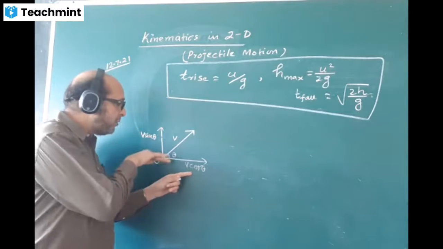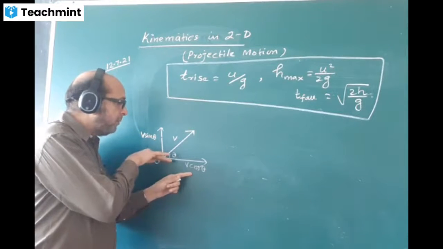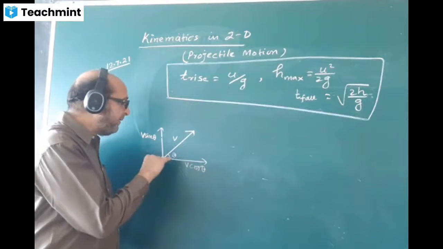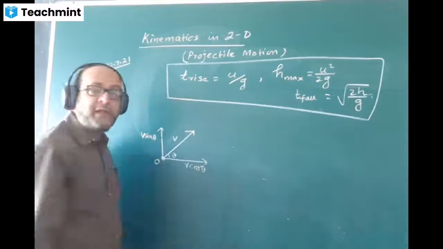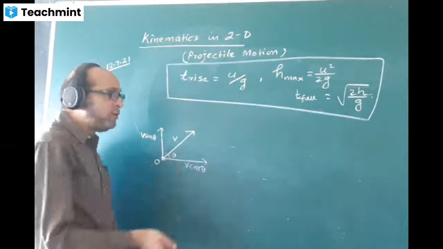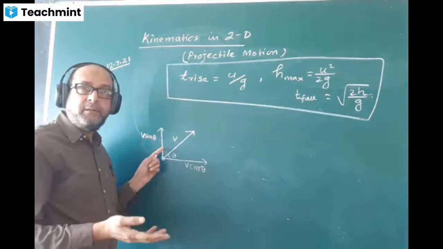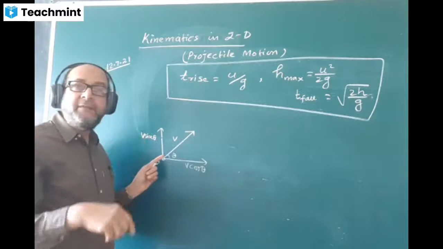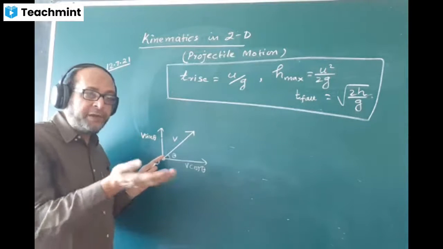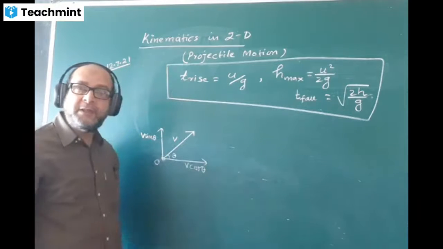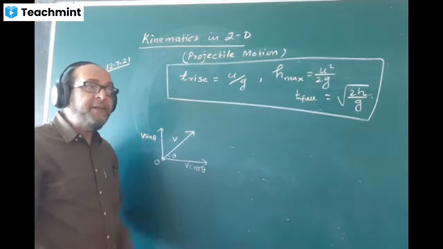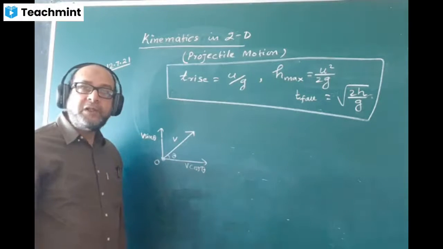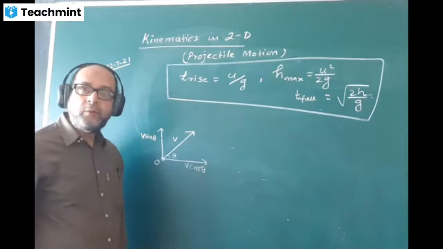Why? Because when the body goes up, the acceleration due to gravity remains the same throughout in this direction. But when the body goes up, there is a retardation. The value of v becomes negative, so the velocity keeps on decreasing, and when the body reaches the maximum height, the velocity of the body becomes zero.